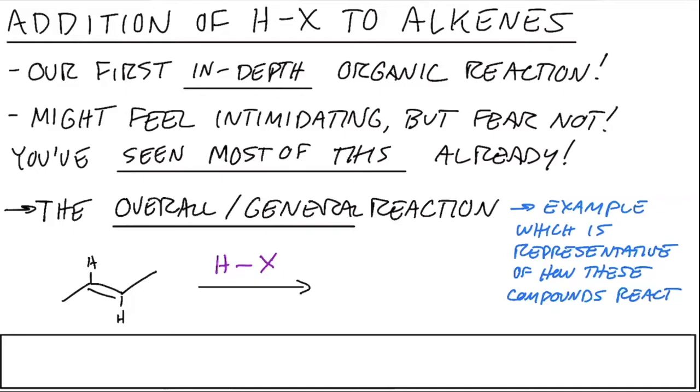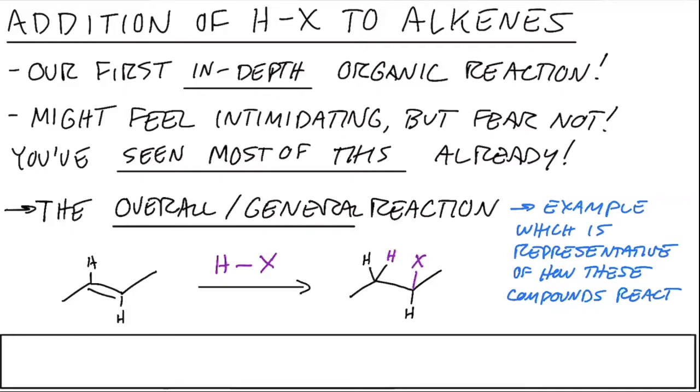And then what's the product? That's the actual part that we're more interested in. So what we'll find for our product is that we end up with something that looks like this. And I'm going to draw a little bit of extra color coding here, just to make it really clear what exactly is happening with these different molecules adding together and the different atoms ending up in different places.